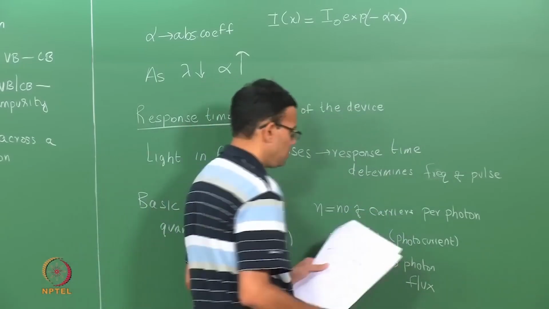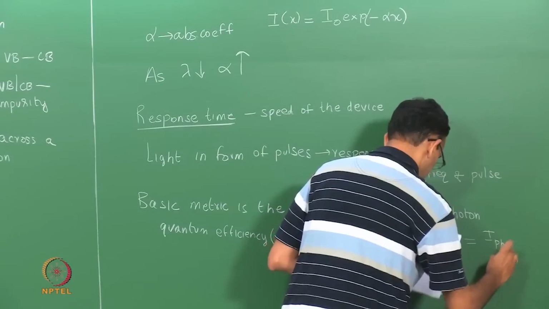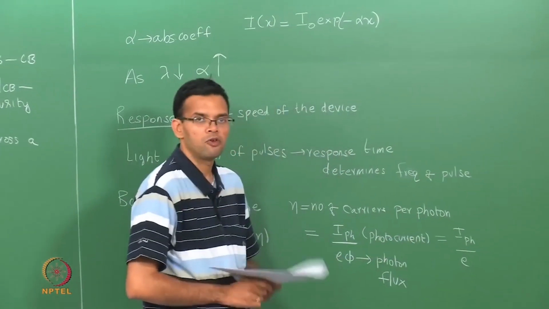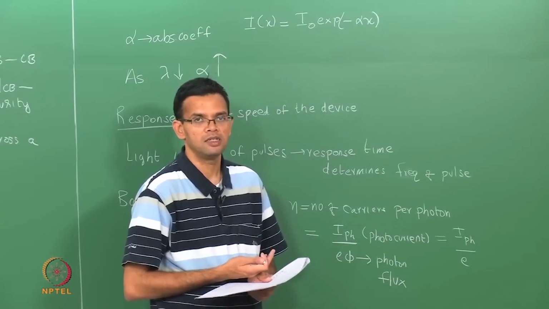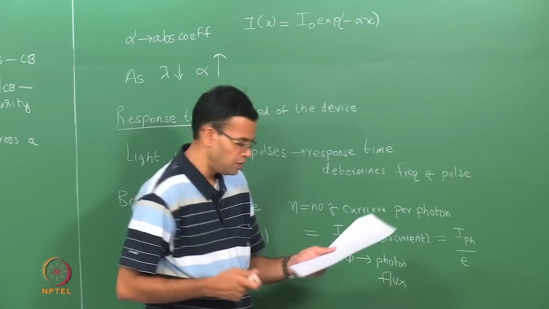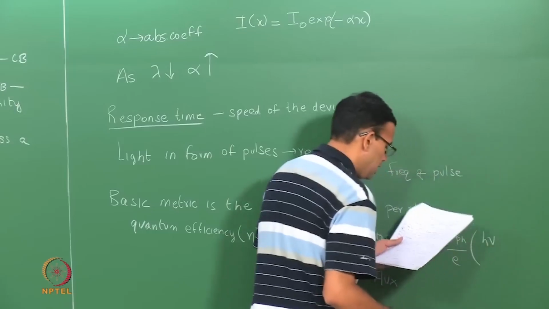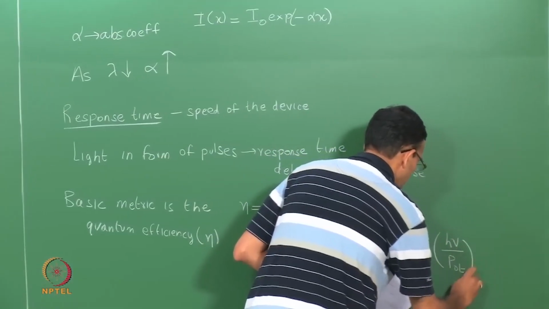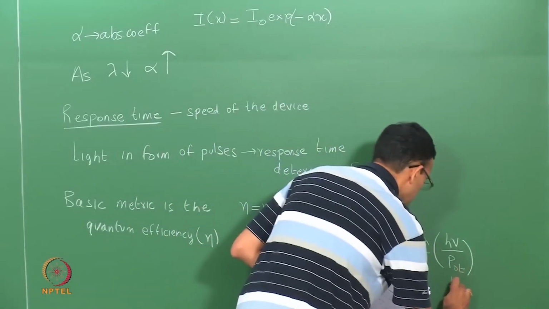Another way of writing this is I_PH over e, and the flux of the photons depends upon the power of the incident radiation and the energy. So, h nu is the energy of the radiation and P_opt is the optical power.